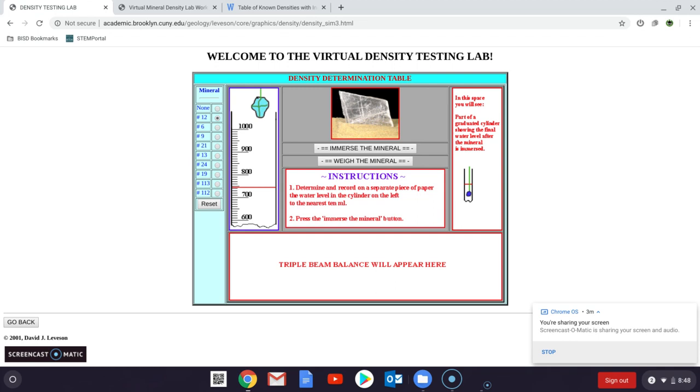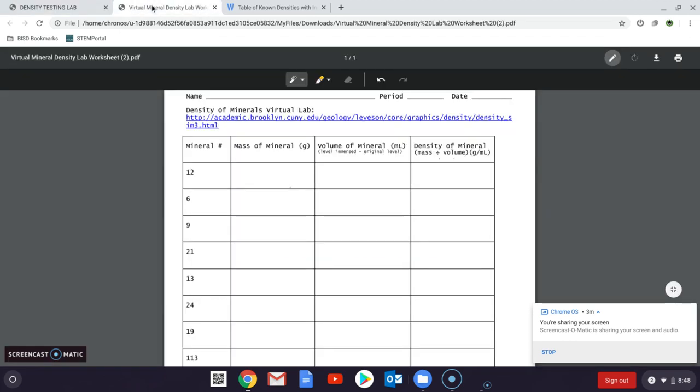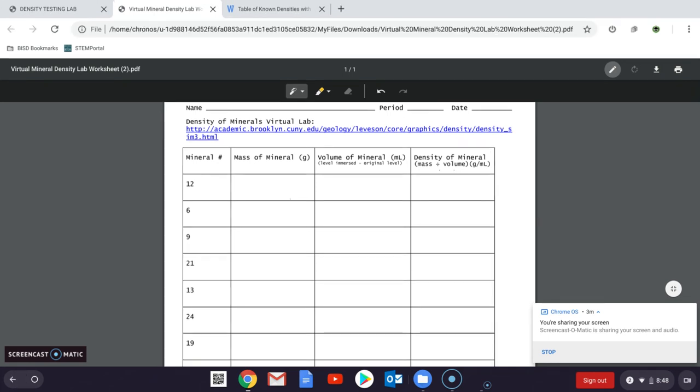So I want to go ahead and record that on my lab sheet as our starting point because it says to record it on our separate piece of paper. So I'm going to go back here to my lab sheet. And then what I need you to do is right in the middle column where it says volume of mineral here, we're going to have level immersed, which we're not doing yet, and then original level.